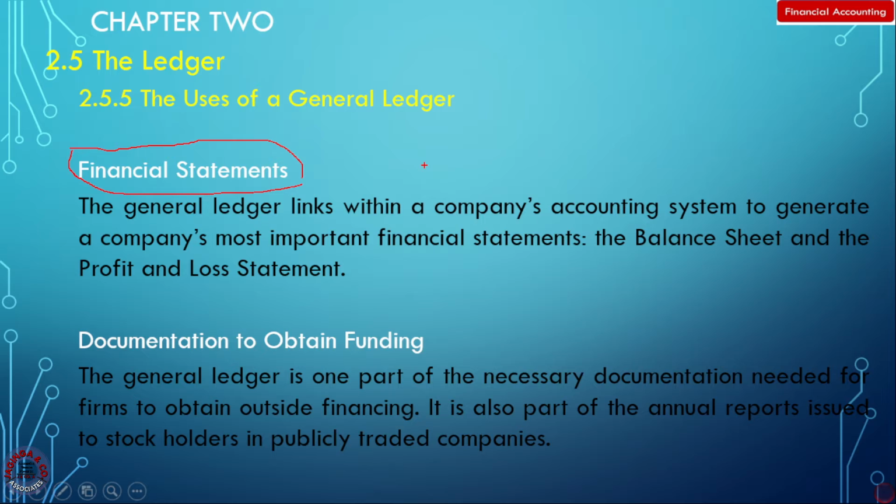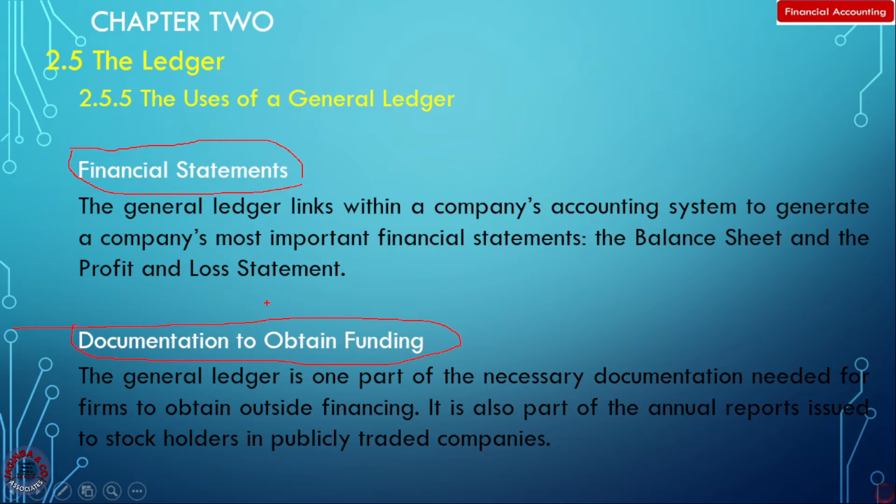Our major financial statements are always balance sheet and profit and loss. So balance sheet and profit and loss are the major basic meaningful way of presenting financial data. So with the use of general ledger, you can generate your financial statements from the trial balance.